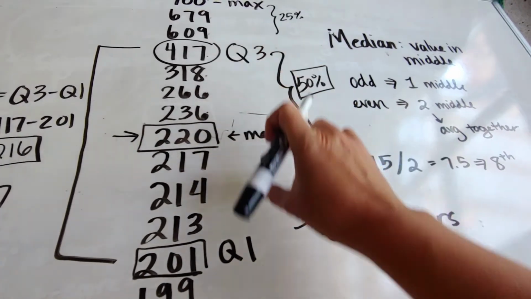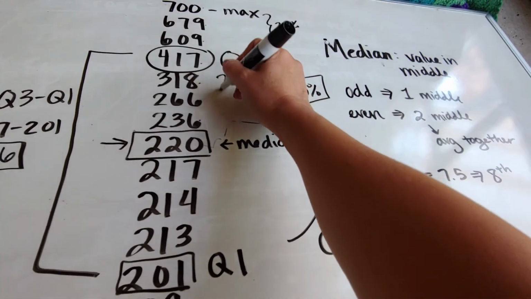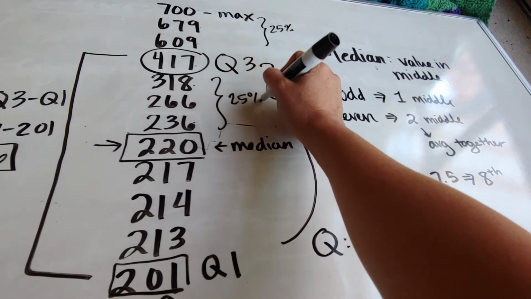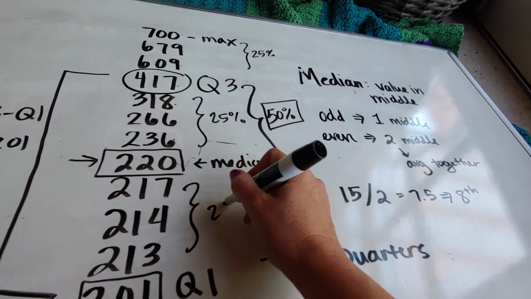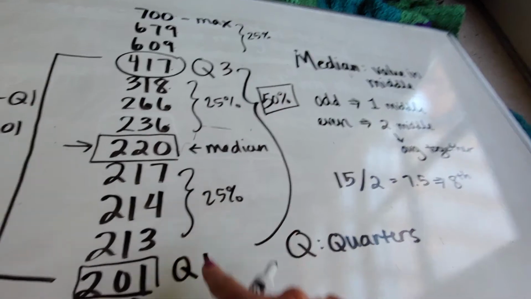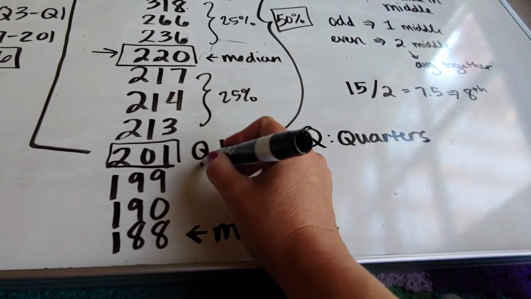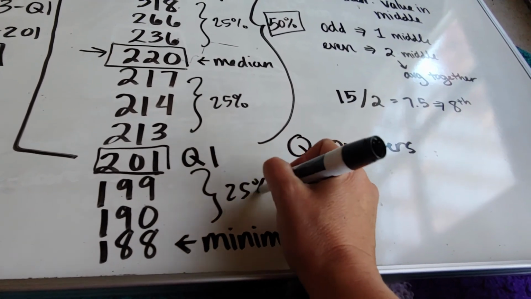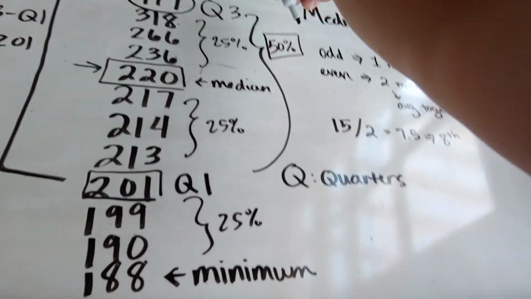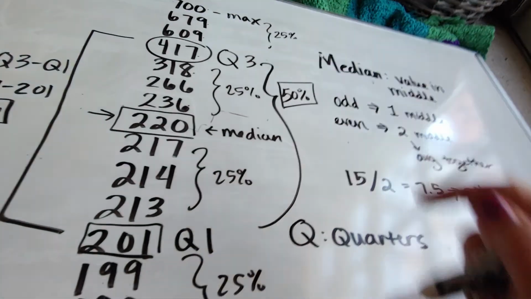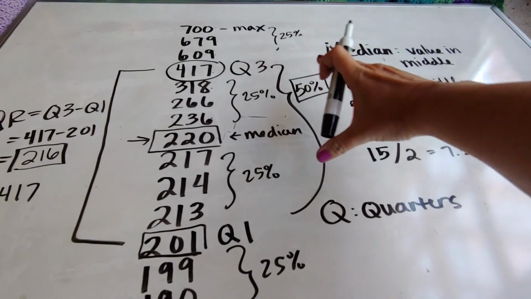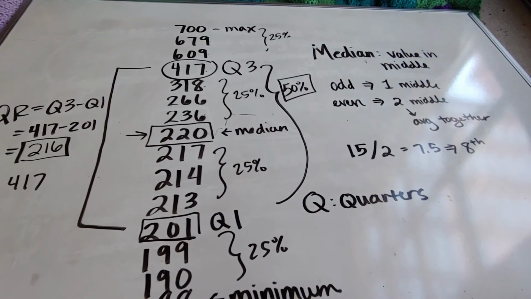So 25 and 25 is 50. So let me go ahead and write 25% and 25%. Okay. And then our bottom 25% is right here. So as you can see, 25, 25, 25, 25 adds up to 100. Okay, but the middle 50% is really what I'm interested in.